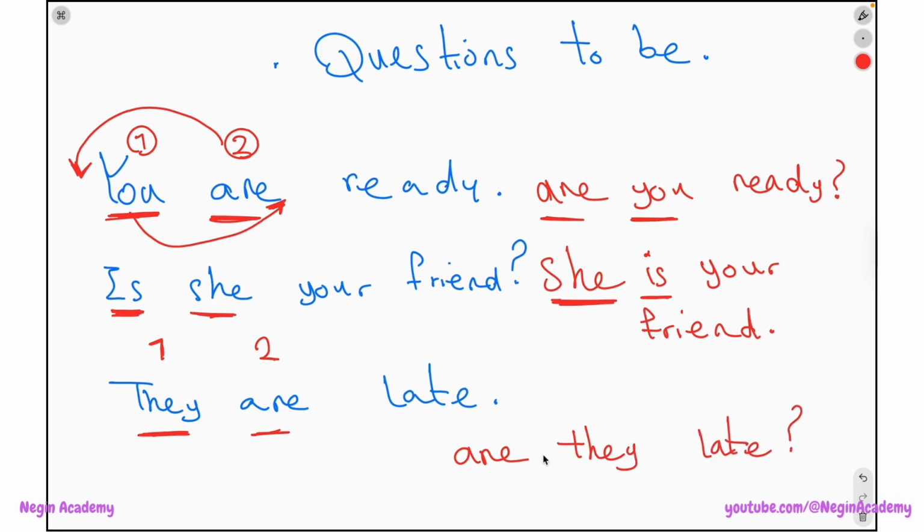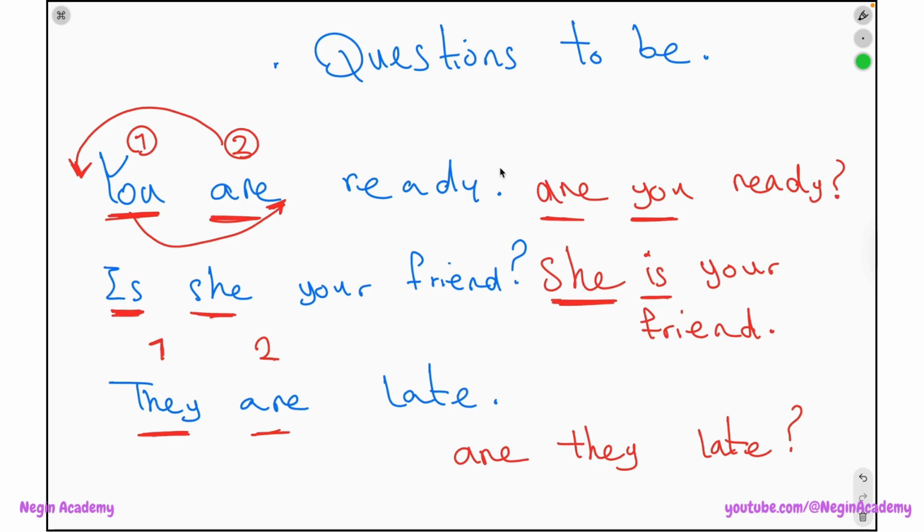Are they late? Are they late? Okay, and please bear in mind that whenever you want to make a question in writing, and this question comes at the beginning of, for instance, a paragraph or a sentence, you have to write it in capital letters, guys. This is super important.